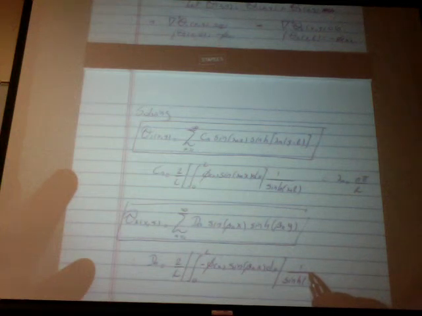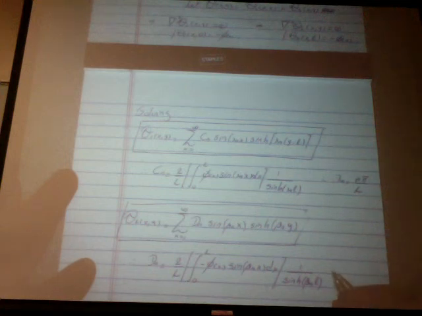It should be beta n. Beta n L. Beta n L, yes. Such that beta n is equal to n pi over L. Same thing.